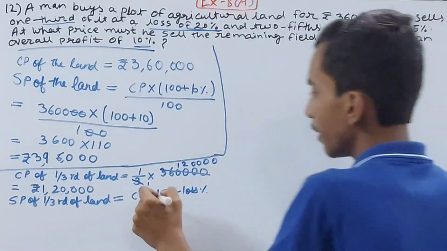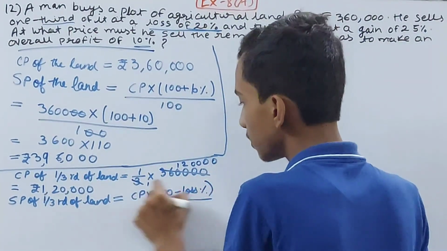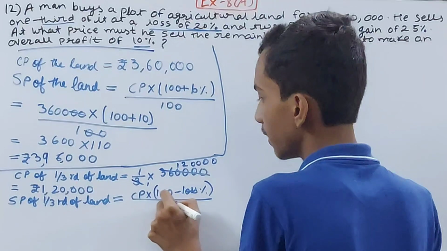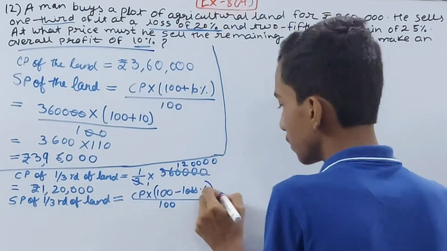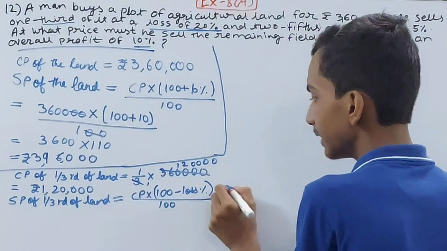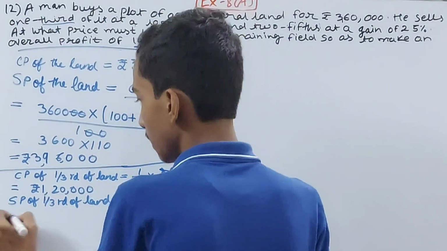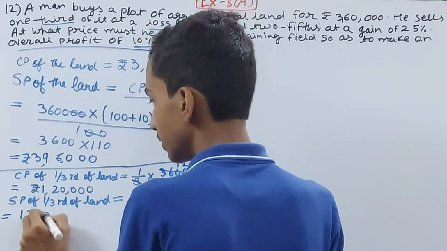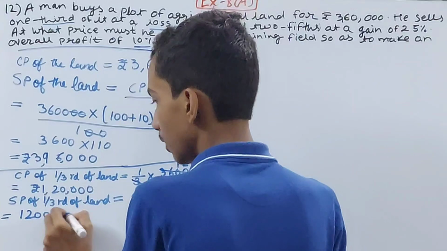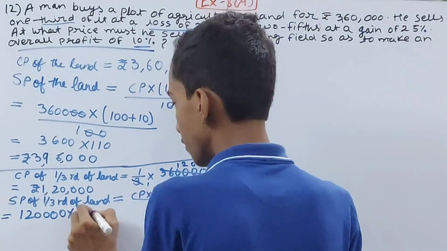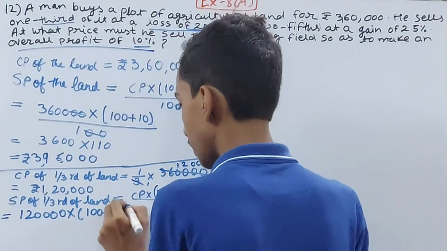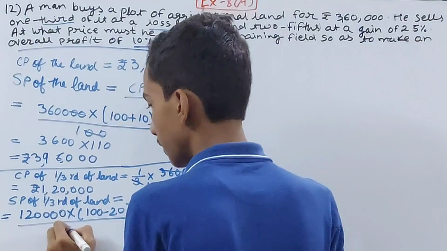So we will do CP into 100 minus loss percent whole upon 100. This you can solve. You will have CP as 1,20,000. So this will be what? 1,20,000 into 100 minus 20 upon 100.